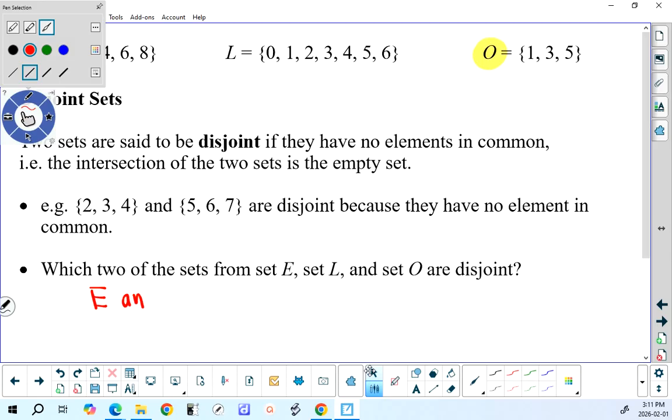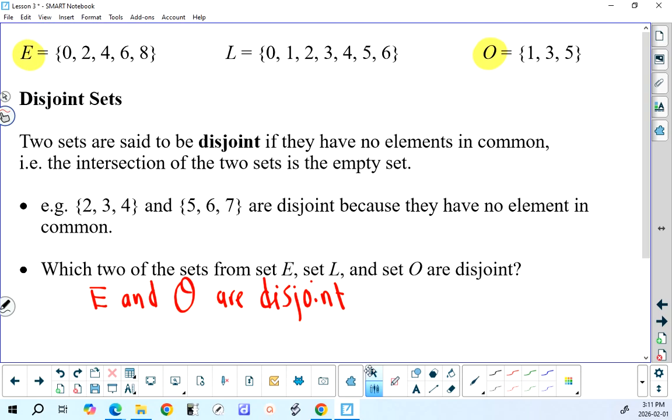E and O are disjoint. The reason is there's no overlap. And by the way, that means that E intersection O is the empty set.